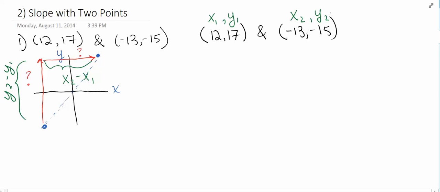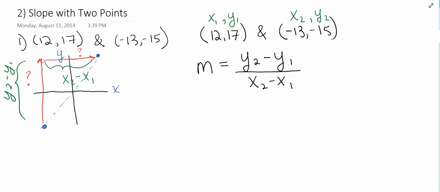Whenever you're finding slope using 2 ordered pairs, you always use this equation. m represents slope, so m equals y2 minus y1, remember how we talked about that over there, all over x2 minus x1.